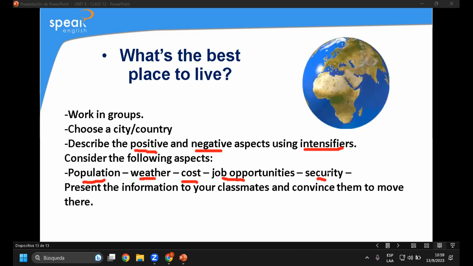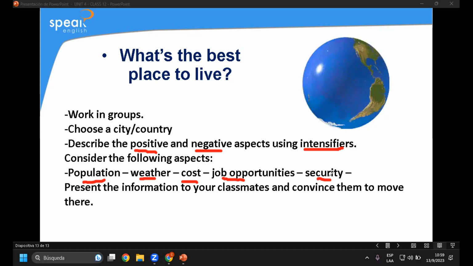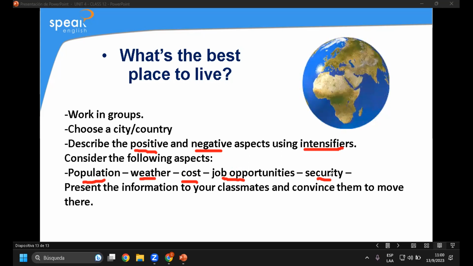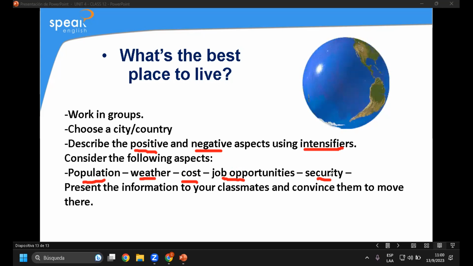Then you have to tell me if it is safe or if it is dangerous. And you can consider different aspects, for example, pollution. You can think about the people, whether the people are friendly or not. Okay? So I want you to consider different aspects, and then I want you guys to present the information to your classmates.